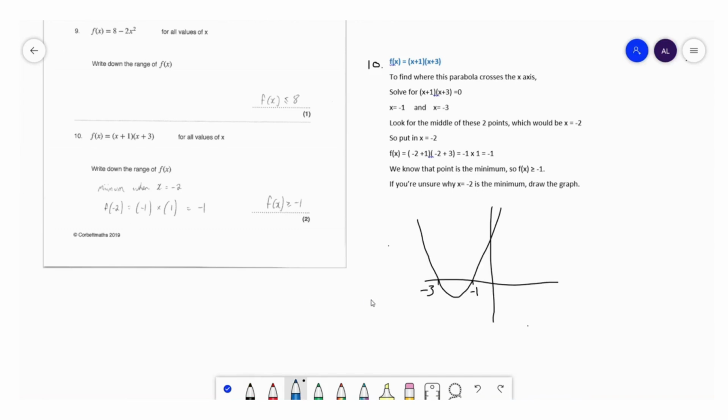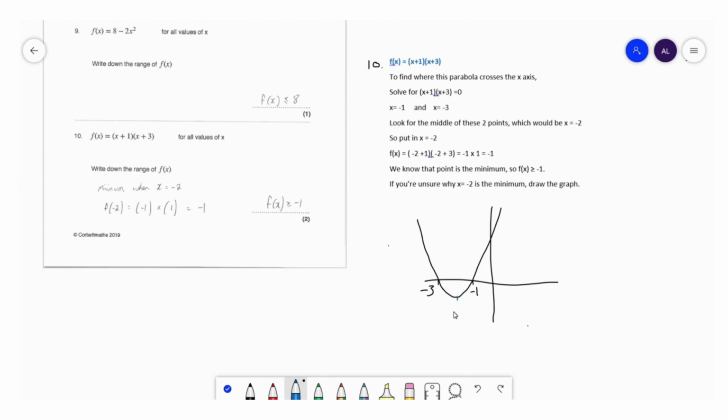So to understand this, we can draw a graph for the equation. And we know that it crosses at x equals minus 3 and x equals minus 1. And we know that it's a positive parabola, so we can draw it where it crosses at x equals minus 1 and minus 3.